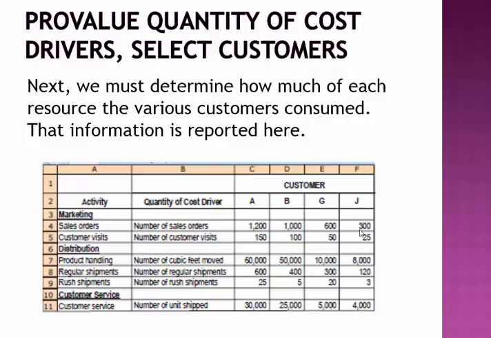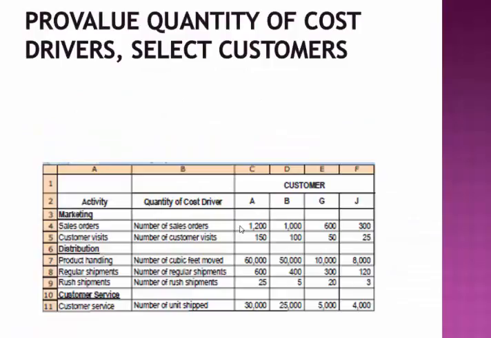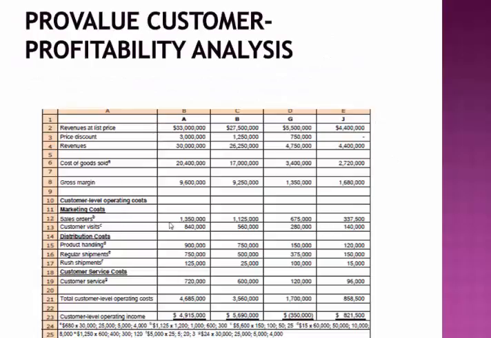Customer J had 300. And we calculated a cost of $1,125 per sales order. So $1,125 per sales order times the number of sales orders per customer is what goes on this line.